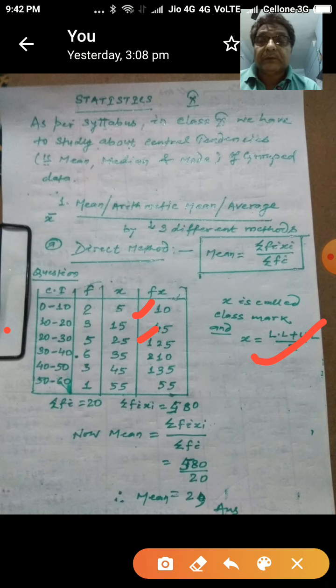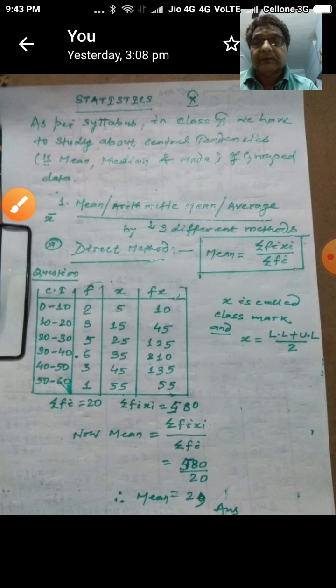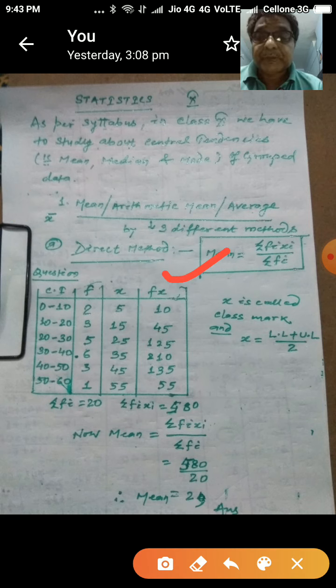Once you calculate the class mark for one or two classes, then you can add the class size and write the remaining. Now we have column x, and f is already given. So we will multiply these two, and we make one column fx. In this way, multiplying each f with the corresponding x, we have fx, and now we will add these, which is called sigma fi xi.